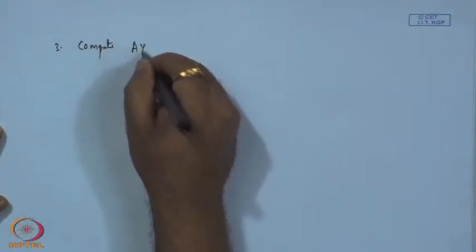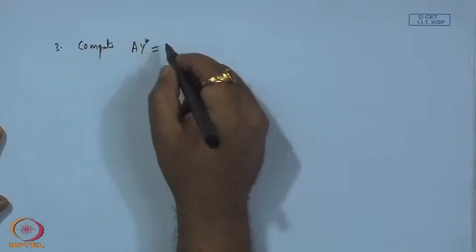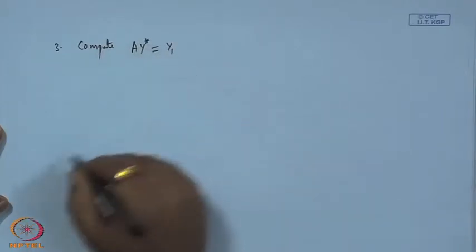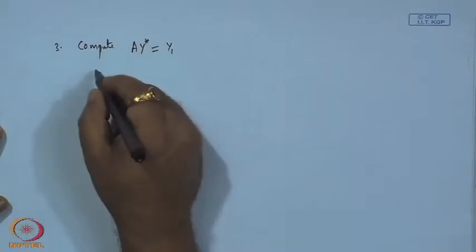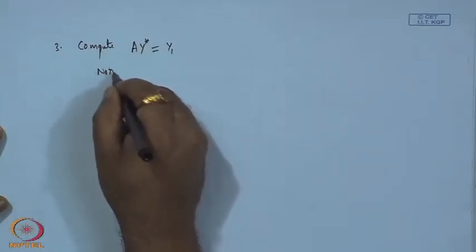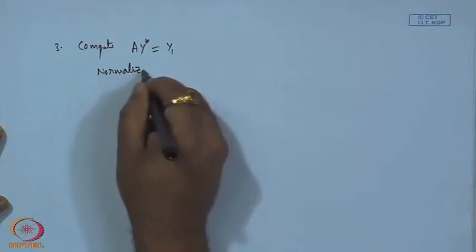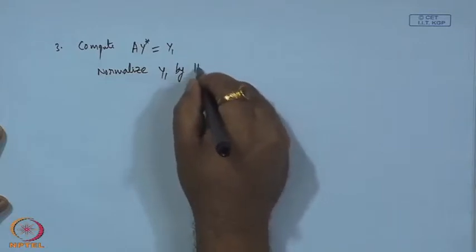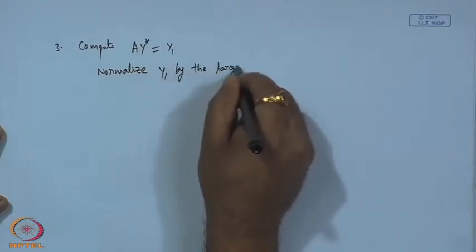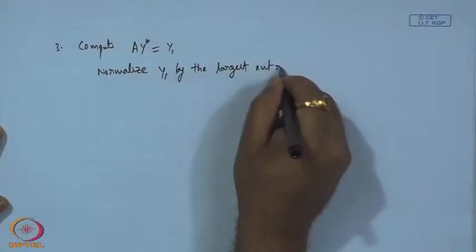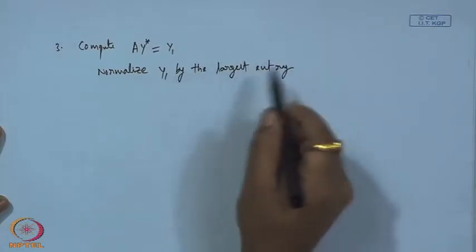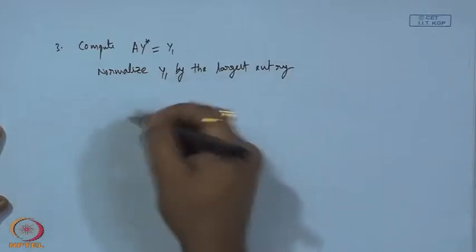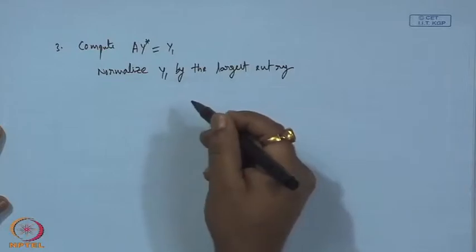Okay. So, then when you get y star, compute A y star equals say y 1, then normalize y 1 by the largest entry in y 1. Okay. So, this we do, and then when do we stop?